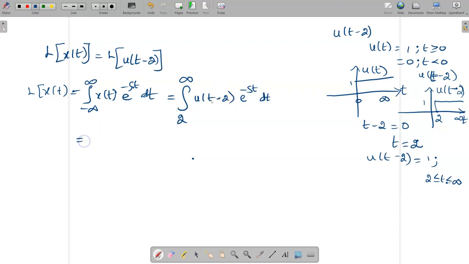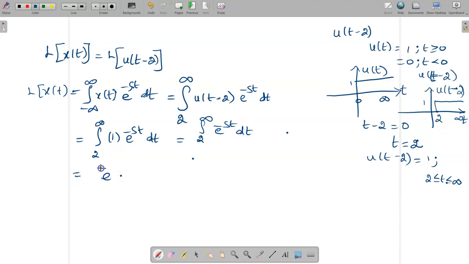So again I know that u of t minus 2 is nothing but 1. So 2 to infinity 1 into e power minus st dt, and integrate this. Anyway 1 into any value is nothing but that particular value. So 2 to infinity e power minus st dt.